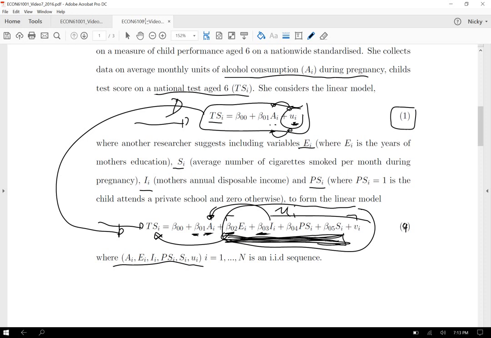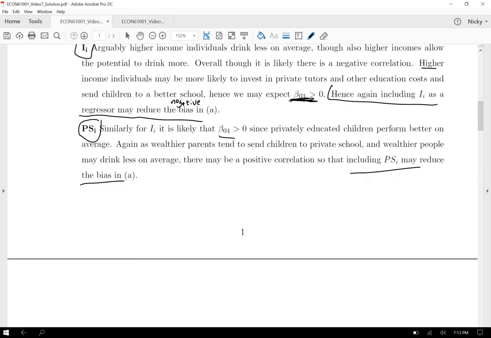This is much more likely to reflect the true effect of alcohol than in this regression here, where this is just the straight effect of alcohol for the general person in the population. This is the effect of another year of alcohol during pregnancy for someone with a fixed level of education, income, whether they're at a private school, and how much they smoke. Okay, so that's how we interpret these.